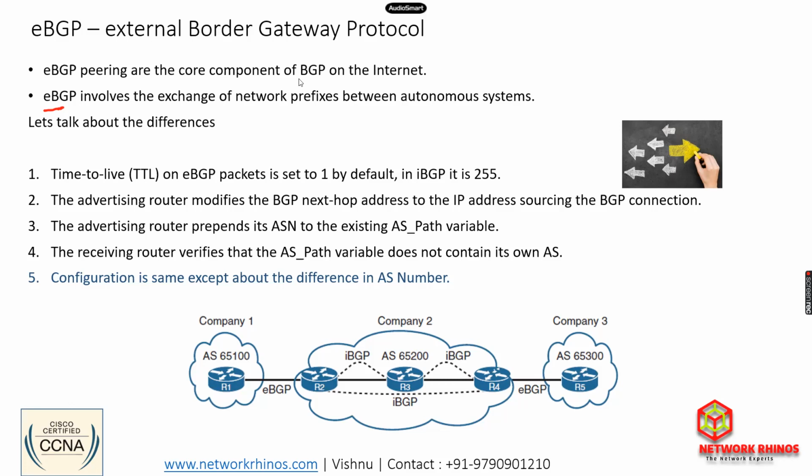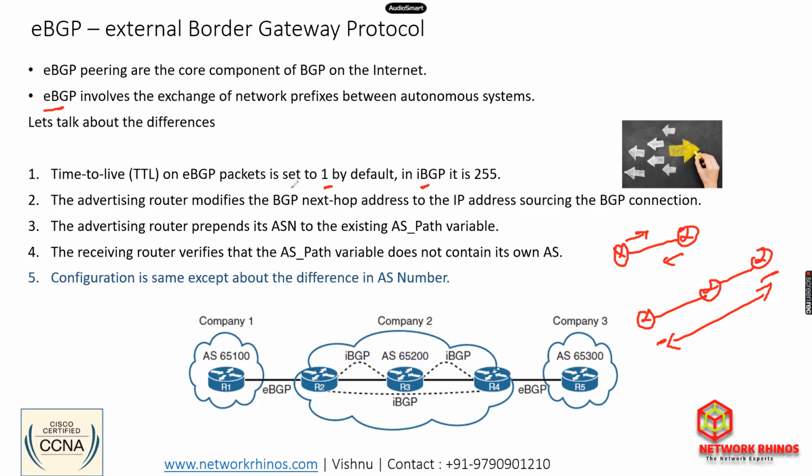Now coming to the time to live value of eBGP, which is 1 by default, which means I can form eBGP neighborship with immediate neighbors only. I cannot form eBGP neighbors between R1 and R3. Between them, eBGP neighbors we cannot form, but however, I can form iBGP neighbors.